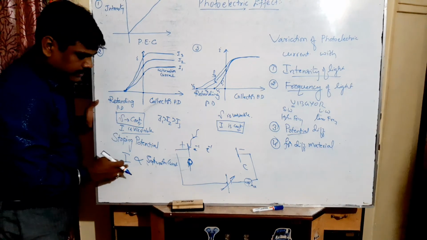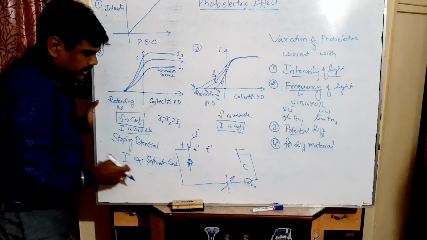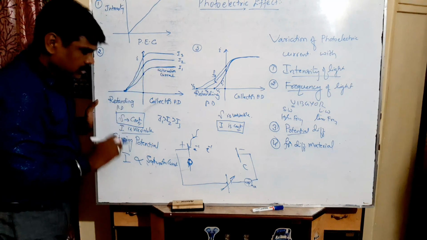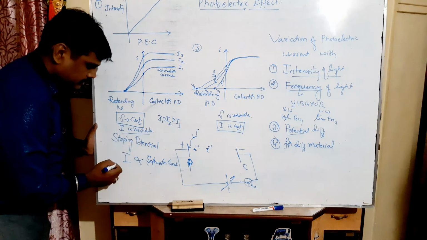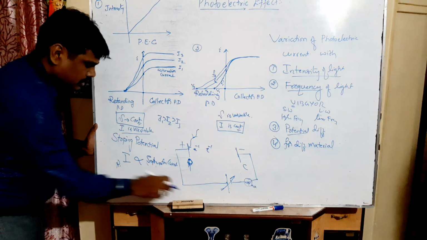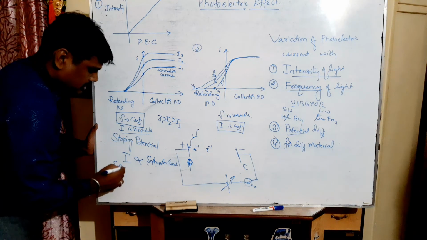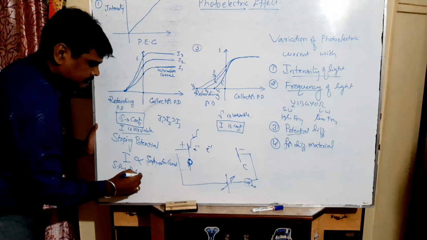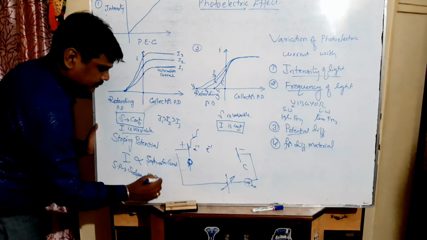Intensity of light is directly proportional to saturation current. But the retarding potential, or stopping potential, is independent of intensity.